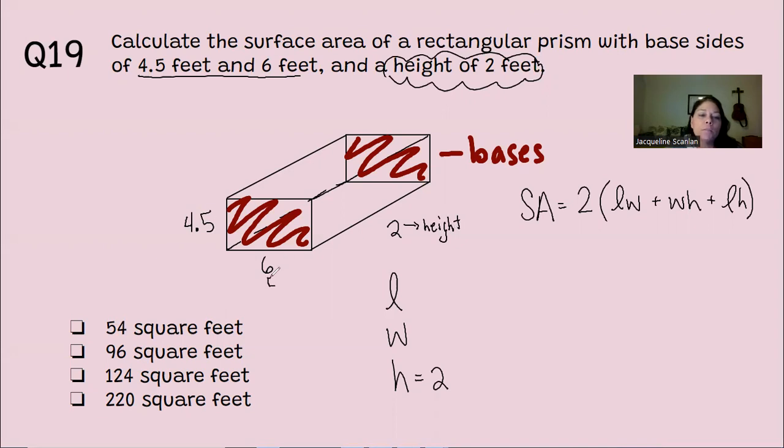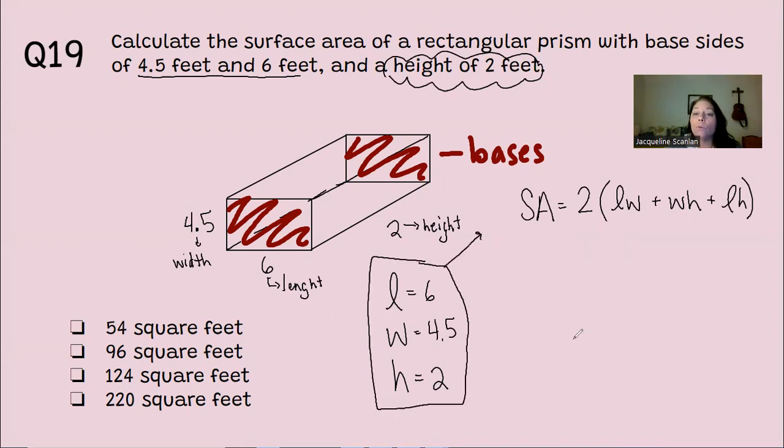And if you've been listening to me through this video, you'll know that the length is always the longer side. So I'm going to call my length 6, and I'm going to call my width 4.5. All right, so my width is 4.5, my length is 6, my height is 2. And now, guys, all it is is a substitution. I'm going to take these numbers, and wherever I see those letters, I'm going to substitute them into that formula.